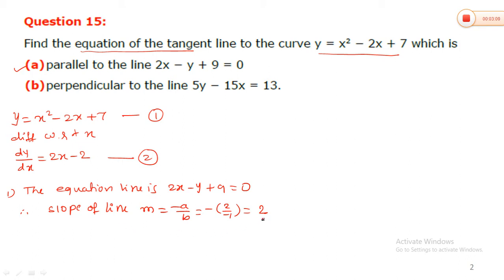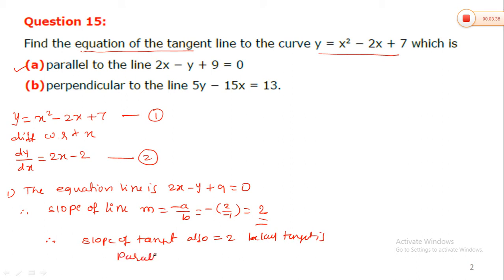Slope of the line is 2. Therefore, the slope of the tangent is also equal to 2, because the tangent is parallel to the line.